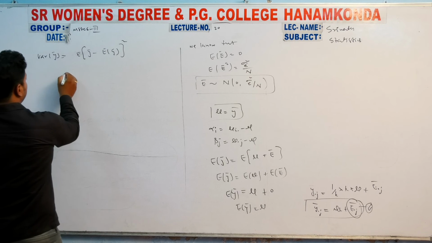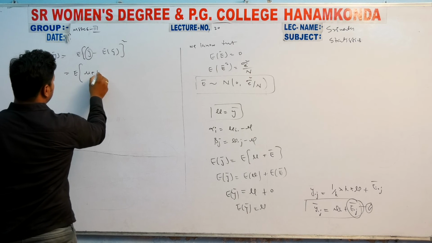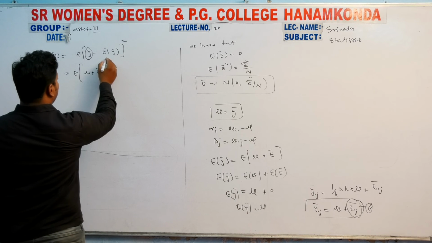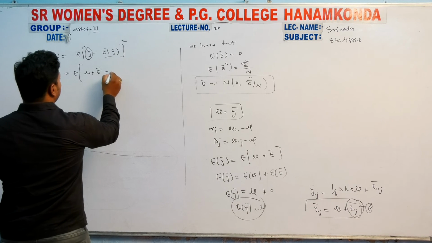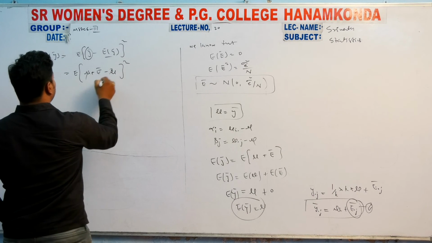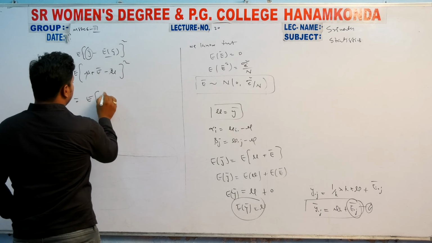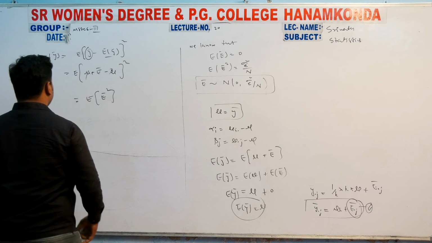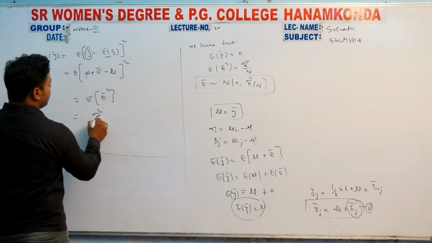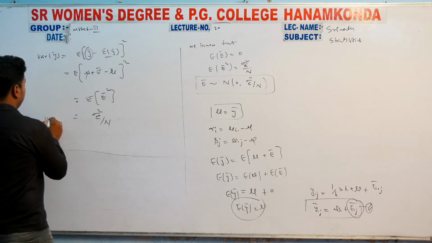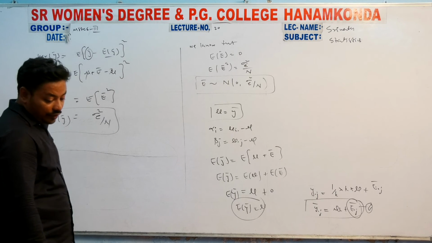Then here y bar formula already we know, mu plus E bar, and already expectation of y bar is mu, minus mu and whole square, and mu gets cancelled. Expectation of E bar square. So expectation of E bar square, and we can write variance of E by capital N is the variance of y bar.